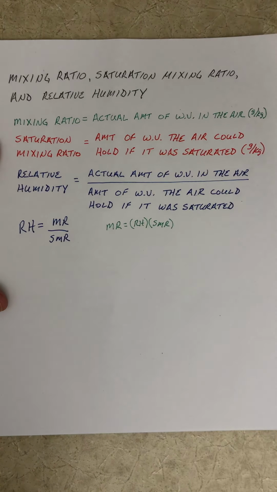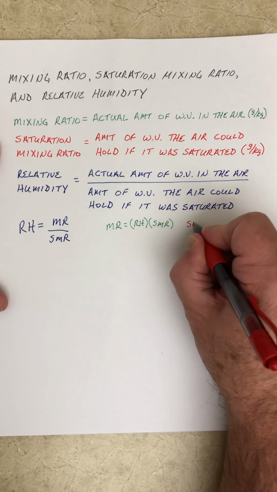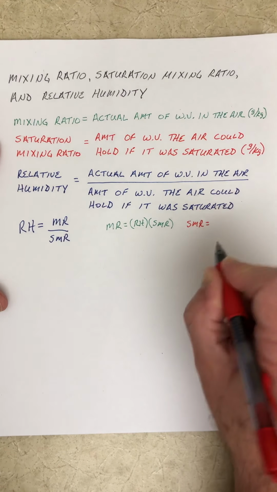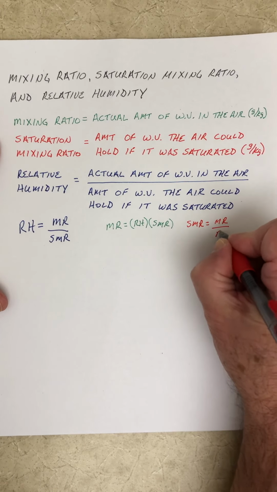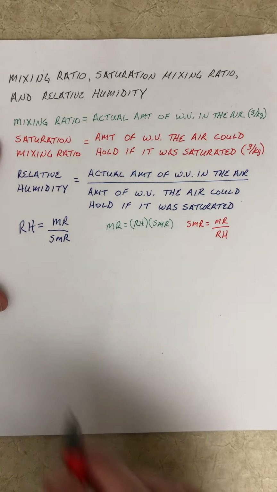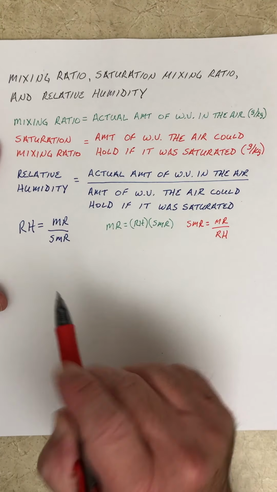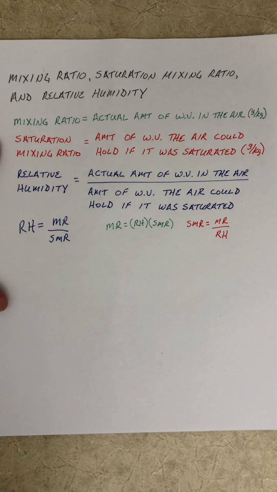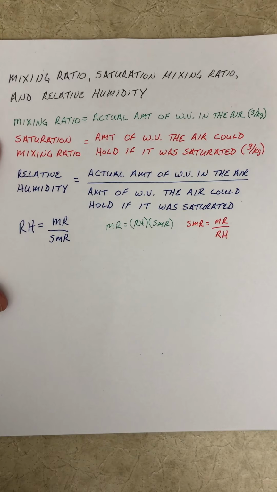Or if we needed to solve for the saturation mixing ratio, that would simply be the mixing ratio divided by the relative humidity. So those are the terms, the definitions, and simple equations that we can solve in order to determine relative humidity, mixing ratio, and saturation mixing ratio.